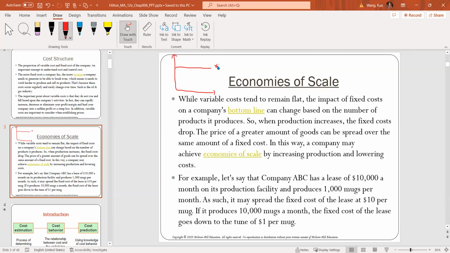For example, take a coffee cup, or any water cup, where the variable cost is $10.